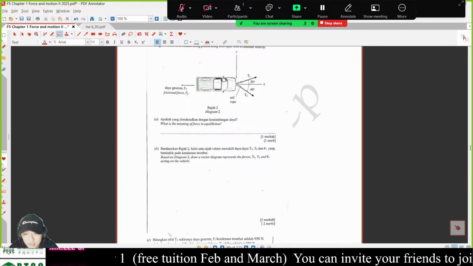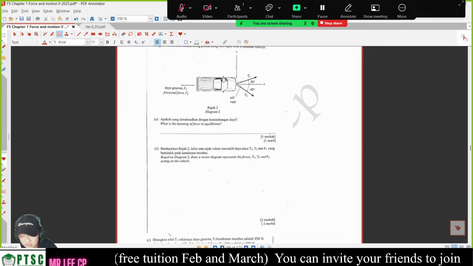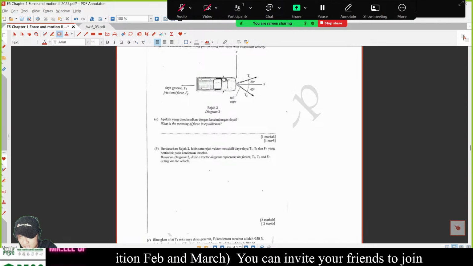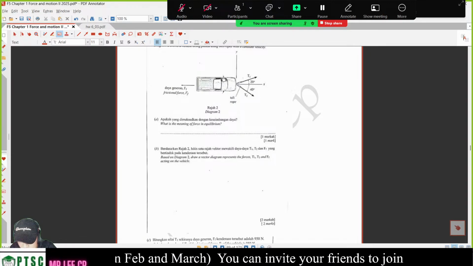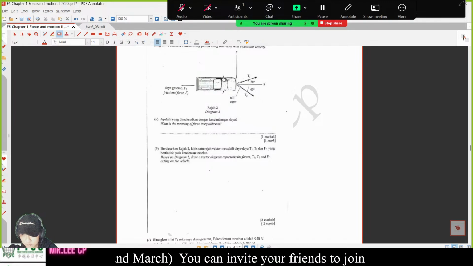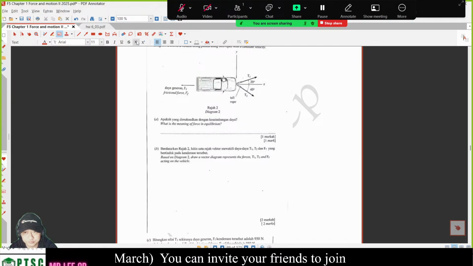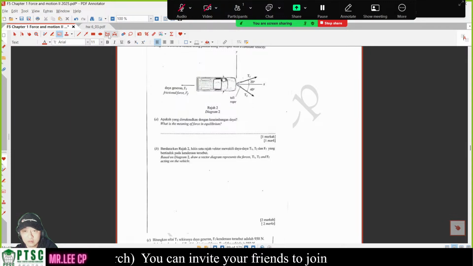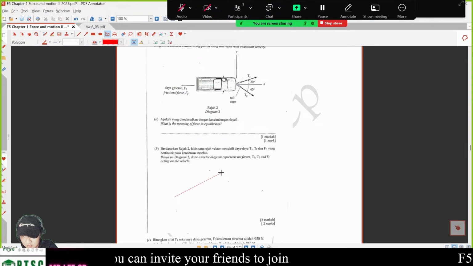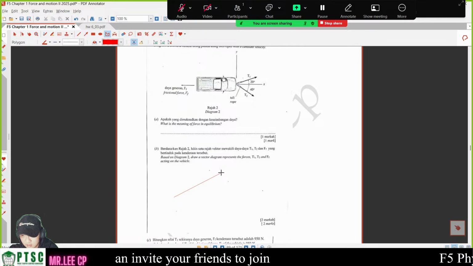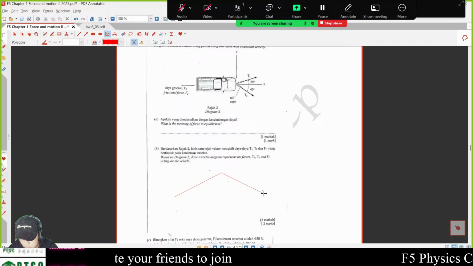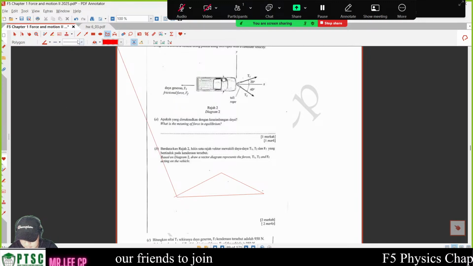Okay. Based on diagram 2, sketch the vector diagram representing T1, T2, and FF, the frictional force, acting on the vehicle. So now I am using T1 and then T2 and then FF.